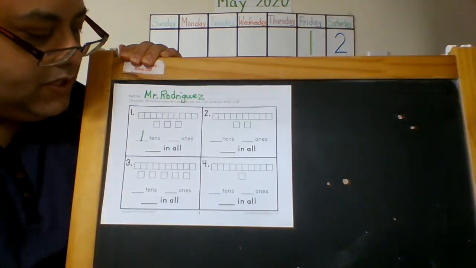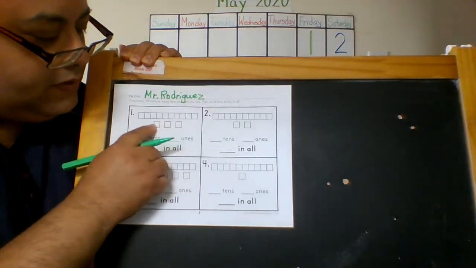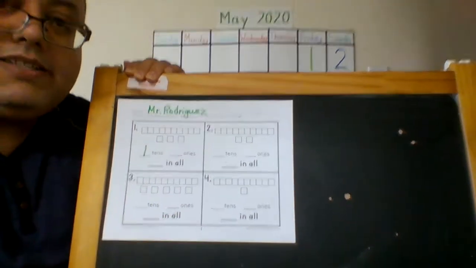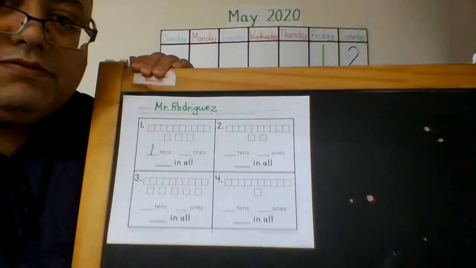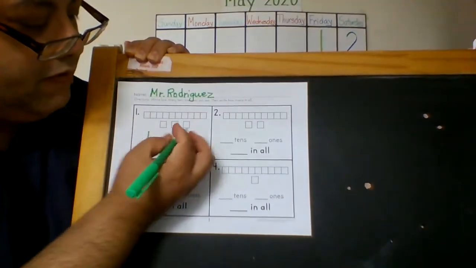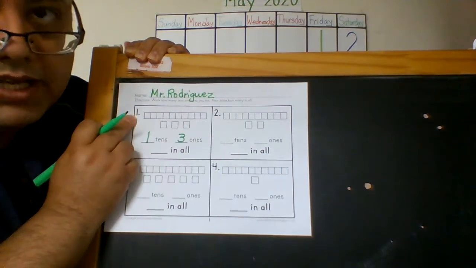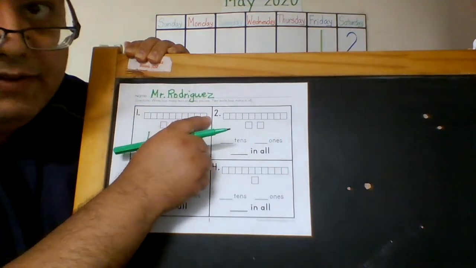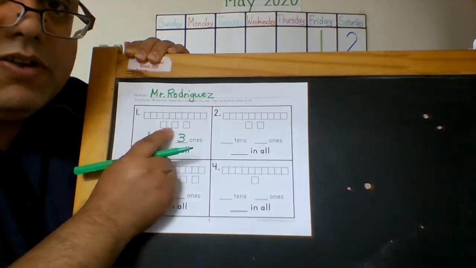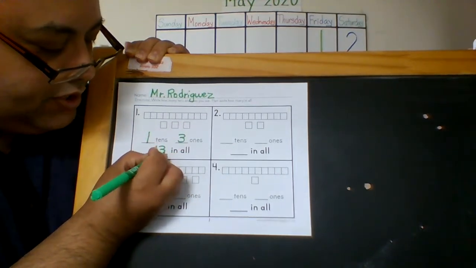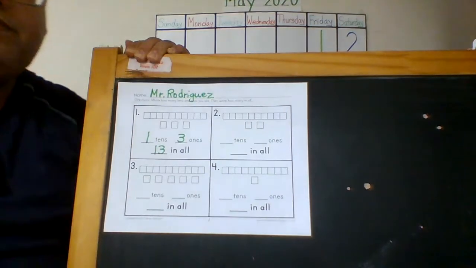Just one. But how many ones do I see here? I see 3. So I'm going to put 3. Now, if I were to count, I would say 10, 11, 12, 13. So I have 13 in all. Alright?